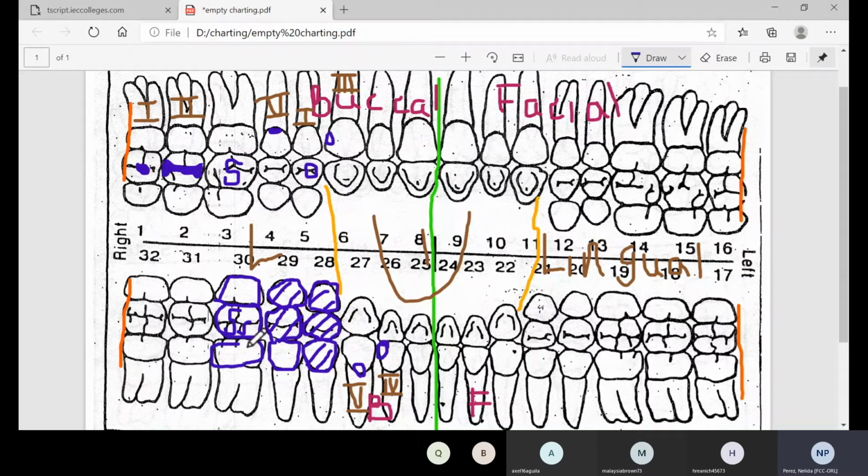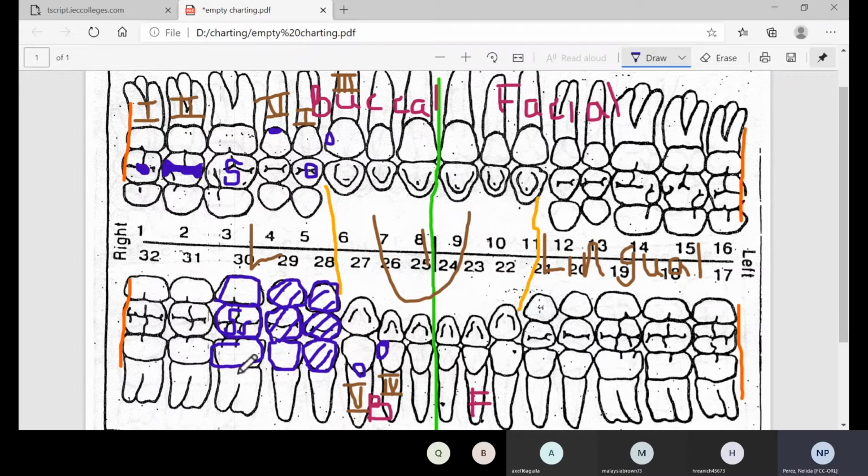So what does a capital S stand for? It's not really two capitals. It's usually a capital S and a smaller s. What does the S stand for? Stainless steel crown. Yes, stainless steel. And what does the outline stand for? Remember, look at 28 and 29.